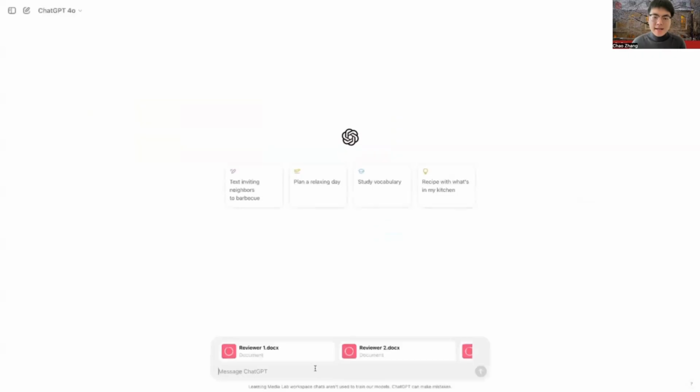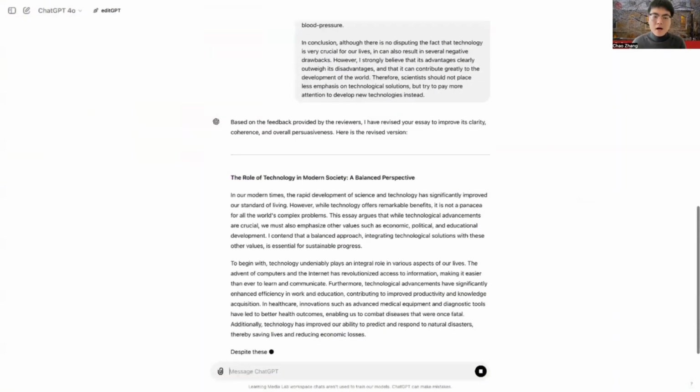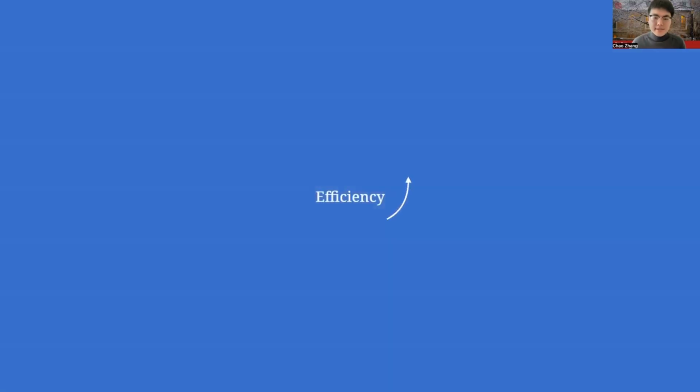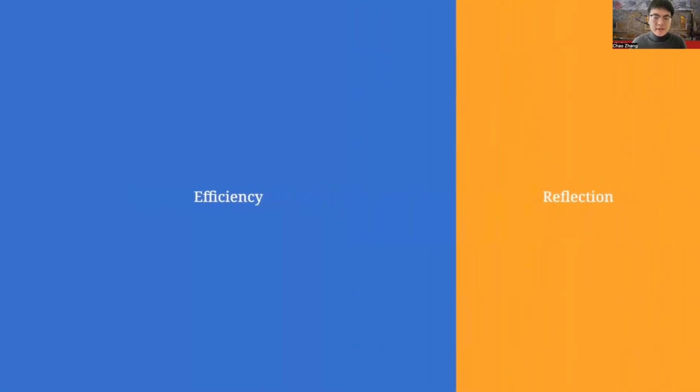Now, users can ask AI to process extensive feedback and even revise the draft on behalf of them, all at their fingertips. This greatly improves efficiency, but it comes at a cost. This approach short-circuits the reflective learning process.